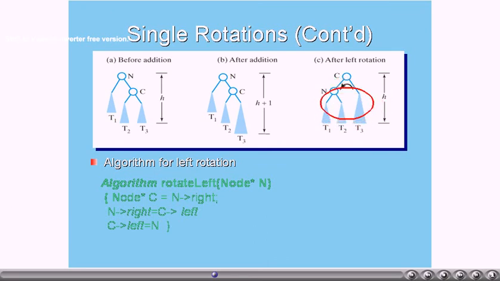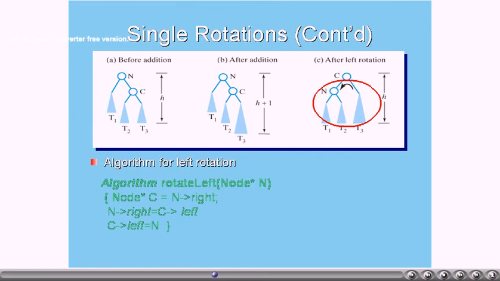N's place C will occupy, and then N becomes C's left child. Similarly, C's left child's left subtree becomes N's right subtree. Thus, the in-order sequence will be preserved.